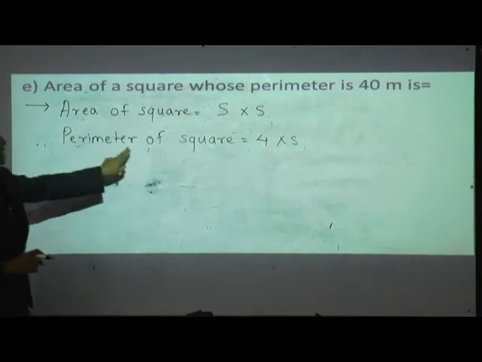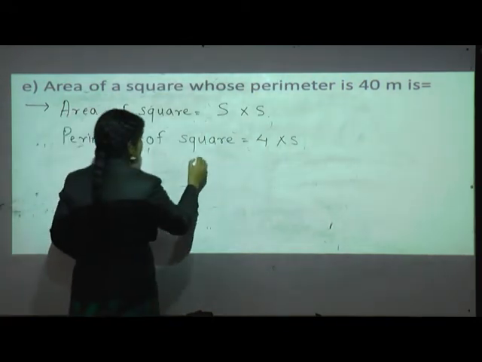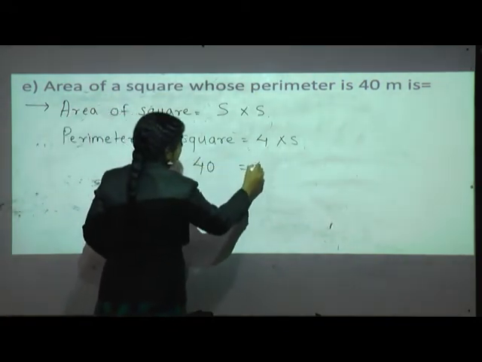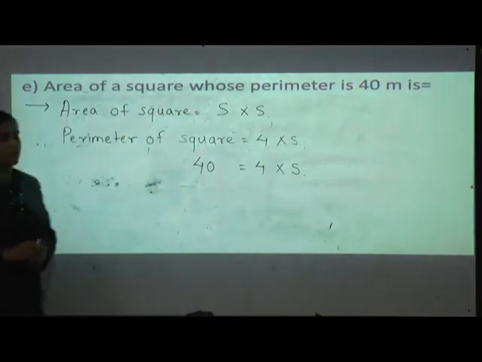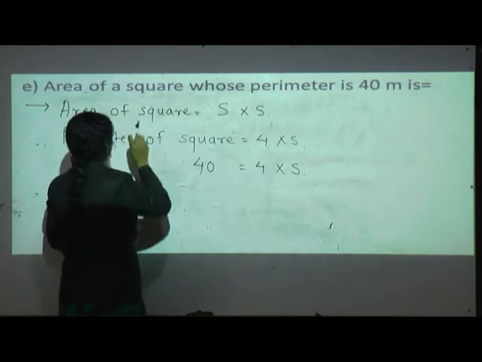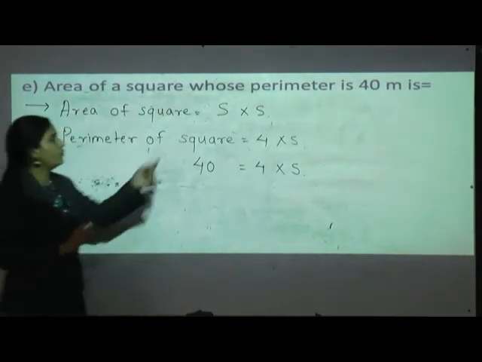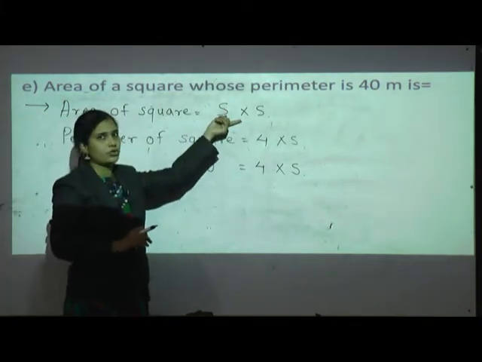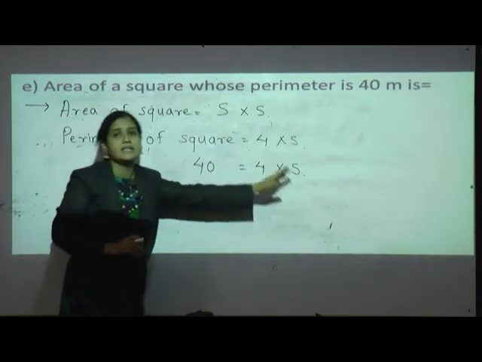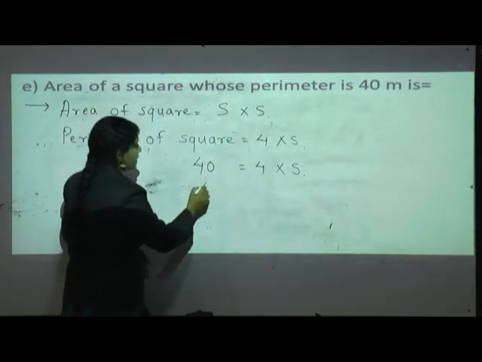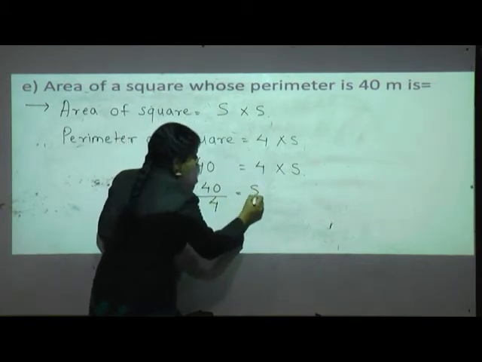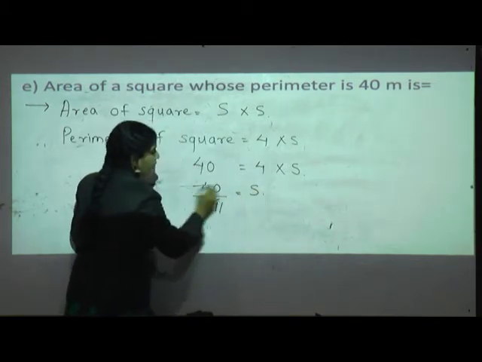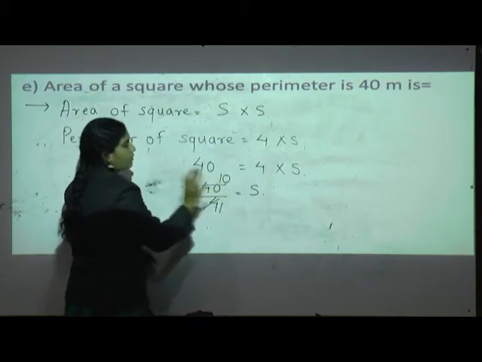So students, first put the value in the formula. Here they have given perimeter of square, so write here 40. We don't know the side of a square. To calculate area of square we need side, but we don't know side. So we will find first side of a square. Here 40 divided by 4. So 4 ones are 4 and 4 tens are 40.